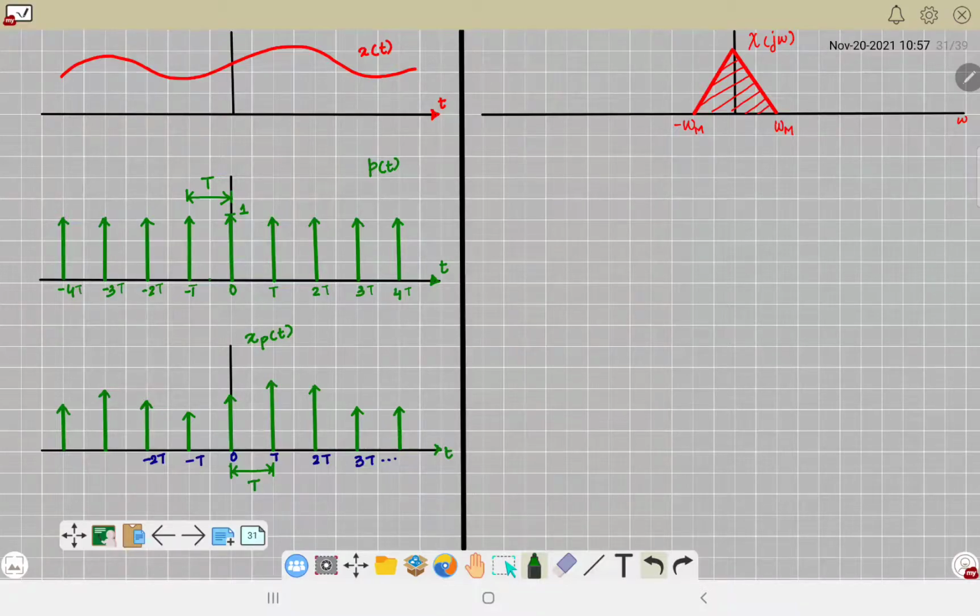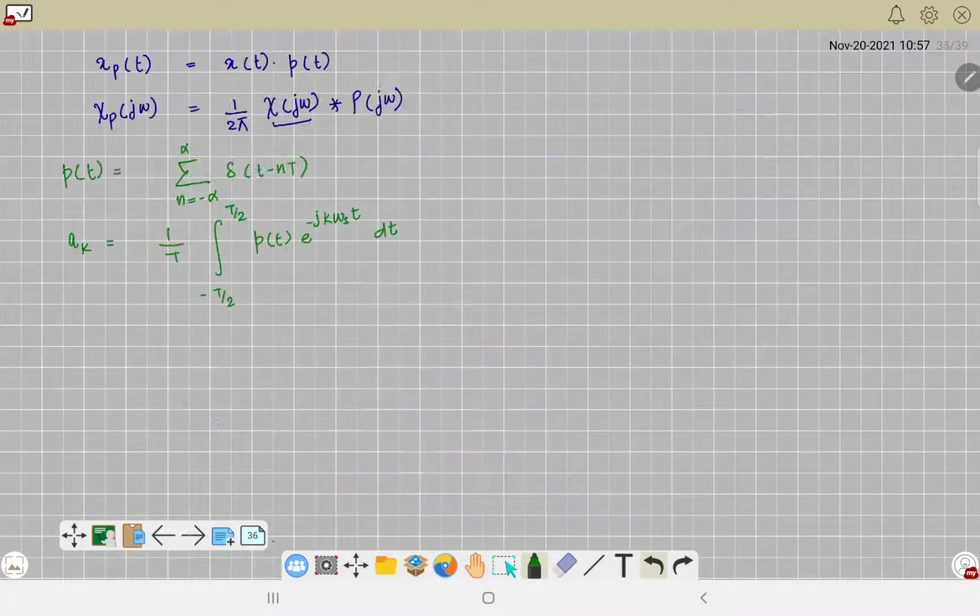Now minus T by 2 is from here to T by 2 is here, and in this range, this is again one period T, we have the signal delta of t. Right? So what I'm trying to say is that within these limits, we can substitute p of t by simply delta of t. Fine.